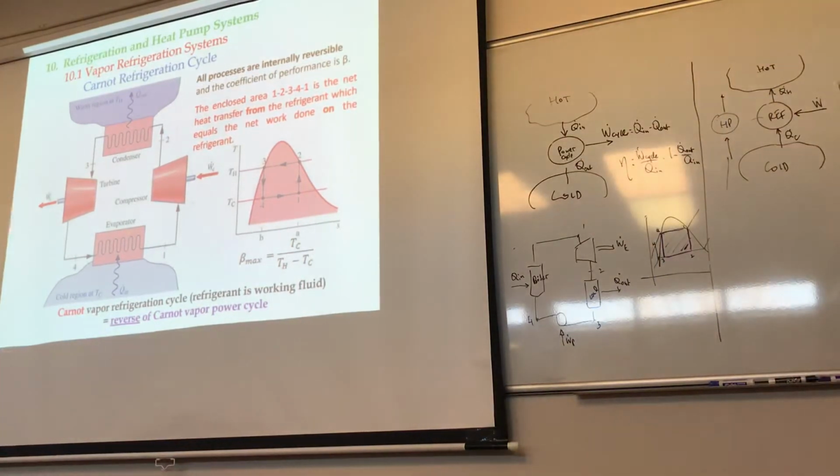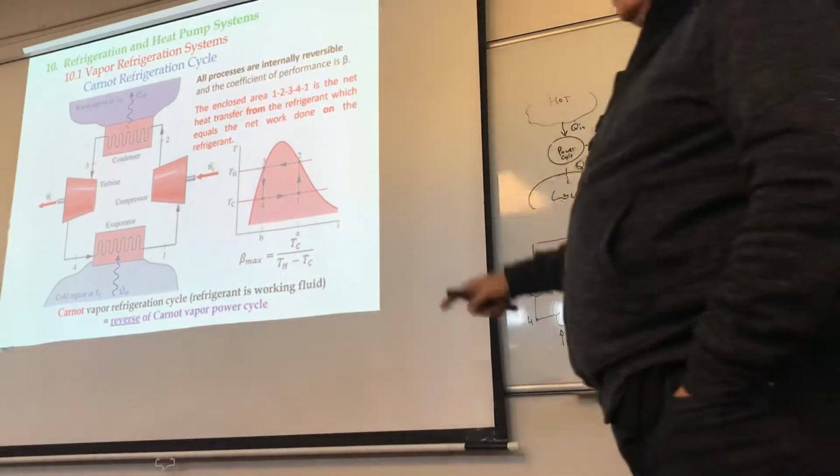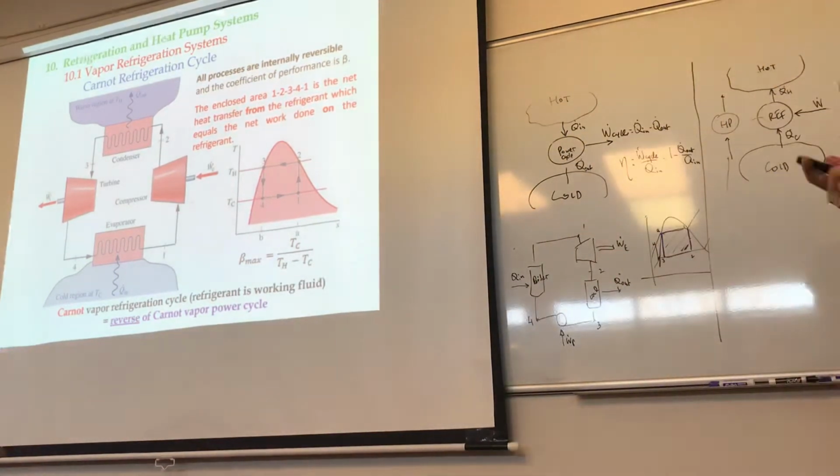So, when you look at this, this is an ideal Carnot vapor refrigeration cycle in which all processes are internally reversible, because we are assuming that there's no pressure loss as you're going through heat exchangers. There is no pressure loss, and we know for fluids there will be pressure loss in reality when you are flowing through any pipe of any kind, even if the flow is laminar.